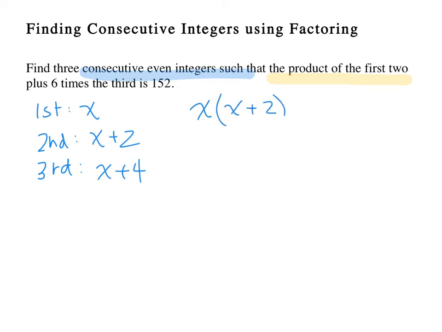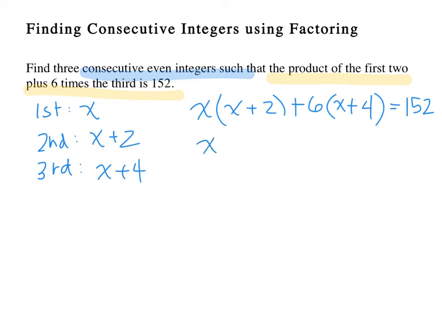The product of my first two, x and x plus 2, plus 6 times my third, which is x plus 4, is, and once I see is, equal sign, 152. See, it's not too hard to write that one out. From there, I'll multiply it out, move everything to one side, factor, and then find the 3 different integers using my expressions. So let's go do that.